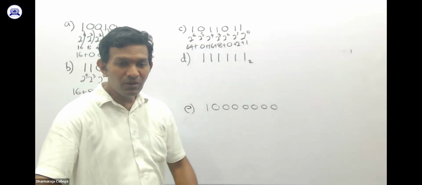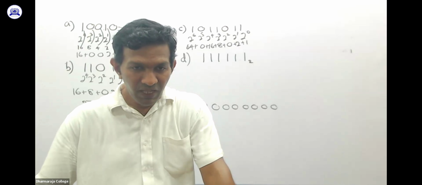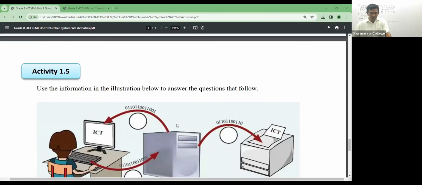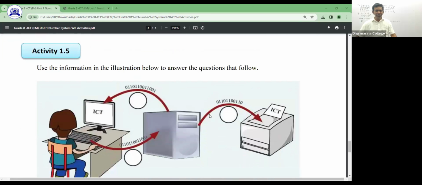Right? So we have come to here, and we can see now this last one. The last one asks us to use the information in the illustration given below to answer the questions. Right?